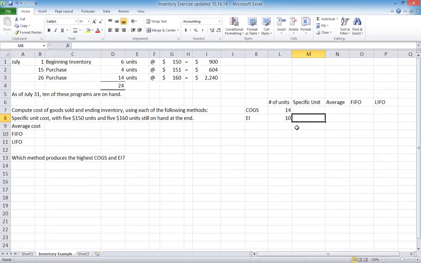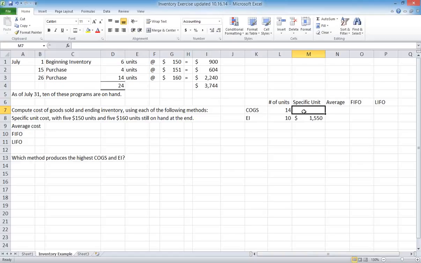I can let Excel do that math. And from this point, using the available for sale like we were doing, my total available for sale is $3,744. So I could do my math that way.